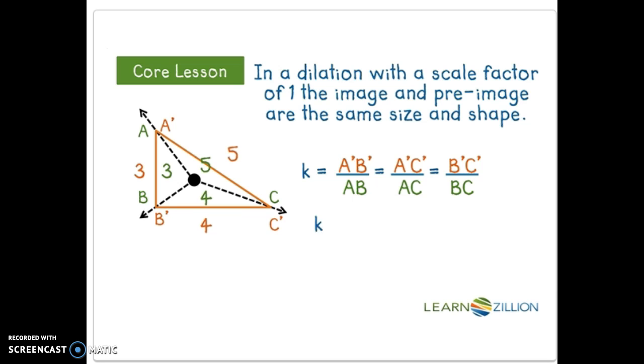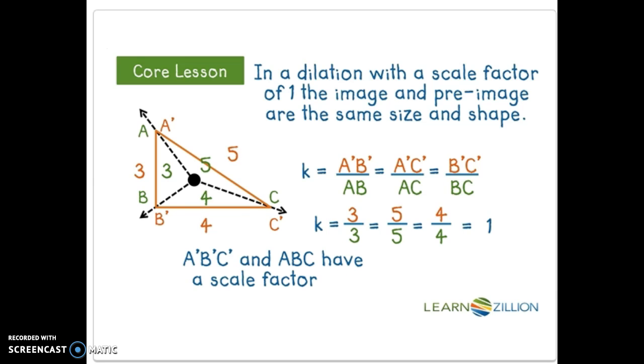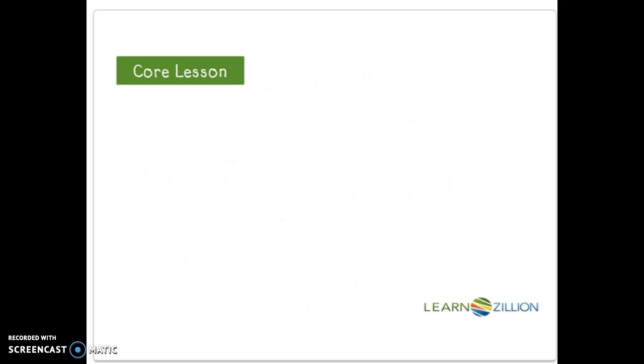When we look at their side lengths, K is equal to 3 over 3, 5 divided by 5, and 4 divided by 4, which all simplify to 1. Therefore, A prime B prime C prime and ABC have a scale factor of 1 and are congruent.